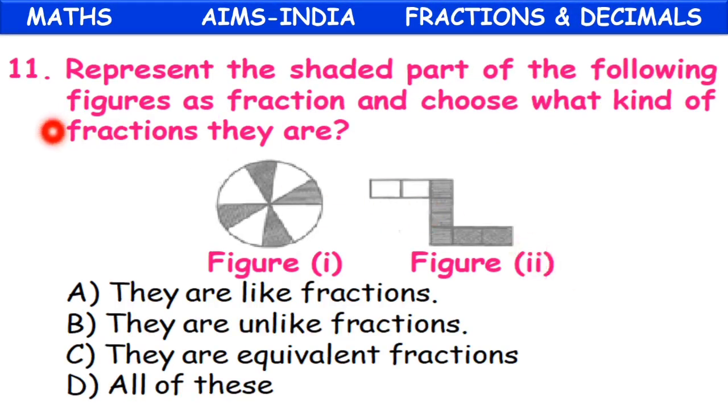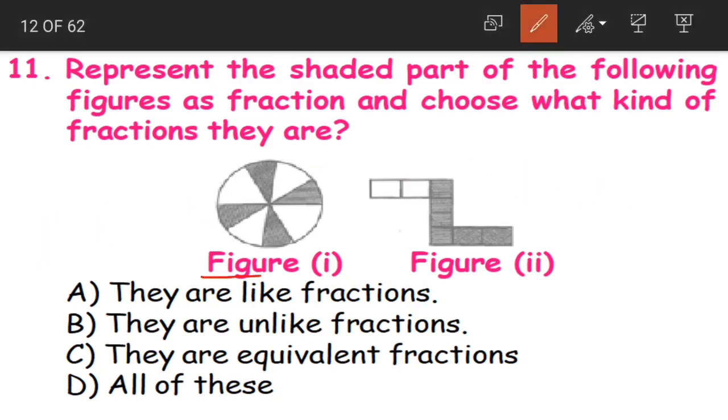Next question 11. Represent the shaded part of the following figures as a fraction and choose what kind of fractions they are. Now we are having two figures here. We have to present the shaded part as a fraction. 1, 2, 3, 4. We are having 4 shaded parts divided by 5, 6, 7, 8.